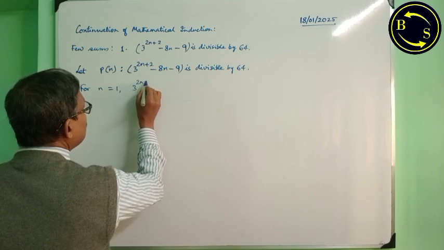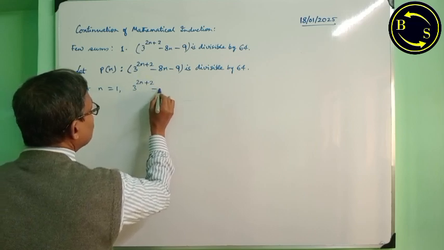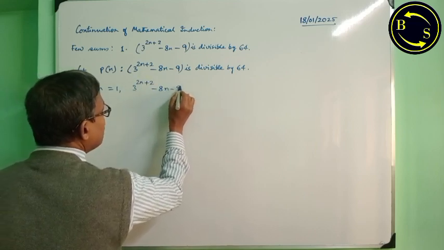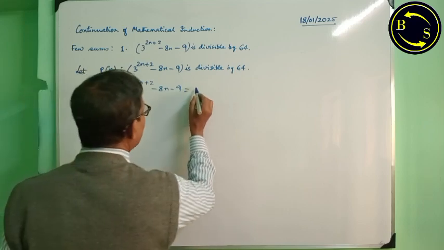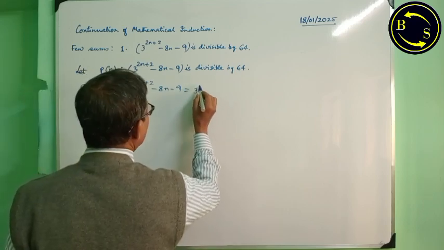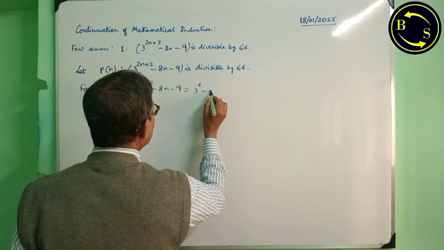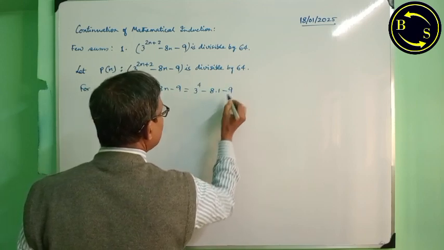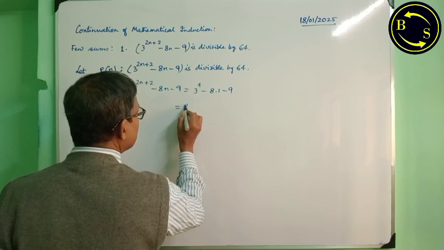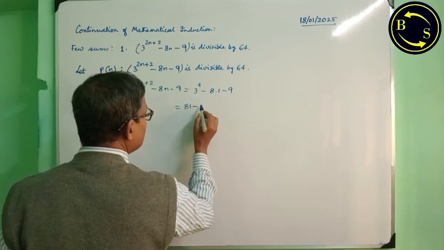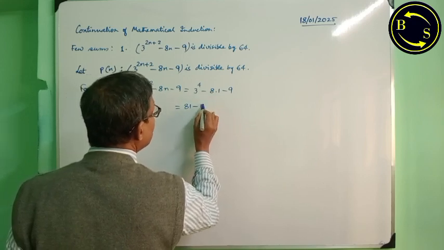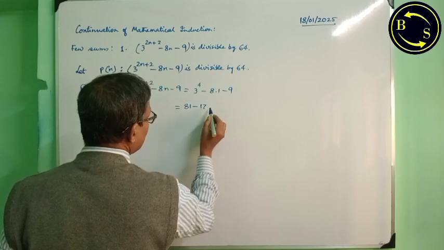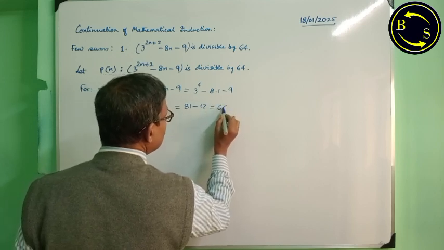3 to the power 2n plus 2 minus 8n minus 9 is equal to 3 to the power 4 minus 8 into 1 minus 9. Let us calculate. This is 81 minus 17, that is equal to 64.